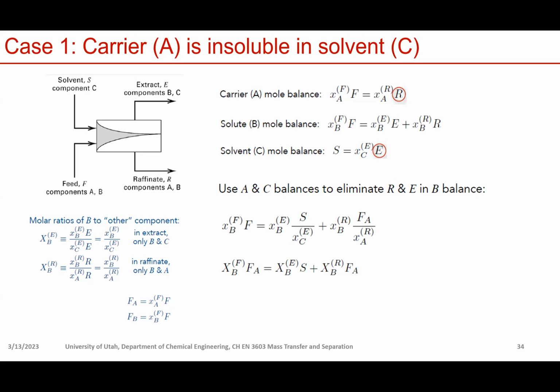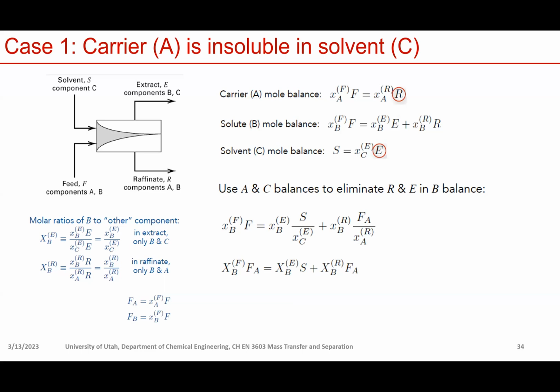Now with this definition, we can replace this term here: lowercase xBE divided by lowercase xCE in the extract string. That's the mole fraction of B with respect to the mole fraction of C, which is the definition of this, so we can replace this ratio by uppercase XBE.